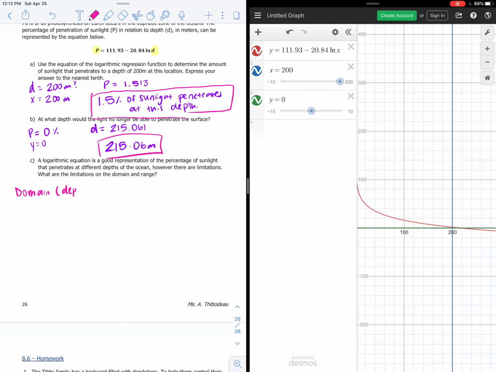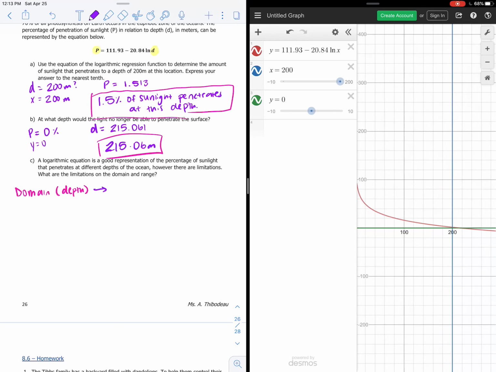So the domain in this case is talking about the depth, so the depth of the ocean. So what restrictions exist on the depth? Well, first of all, we can't have a negative depth, right? How deep is the ocean? Oh, it's -5 meters. -5 or negative any number doesn't make sense in that context.